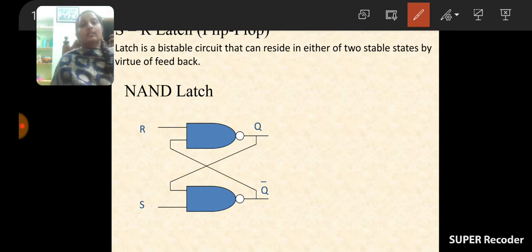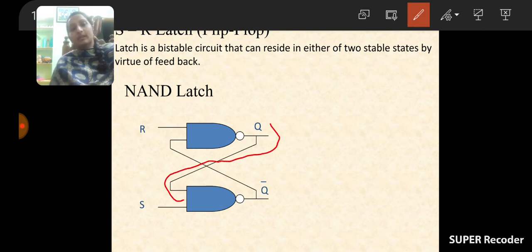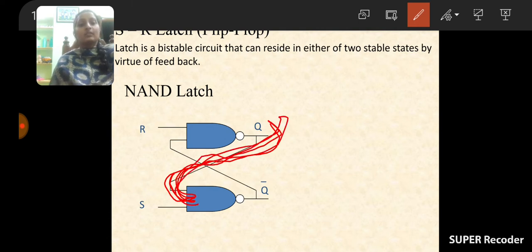And see here, the basic elements of flip-flops are called the NAND latch as well as the NOR latch. It means the flip-flop is made with either NAND gates or NOR gates. And how can we design it? The output of one gate is connected back to the input of the next. In this NAND latch, only NAND gates are used.